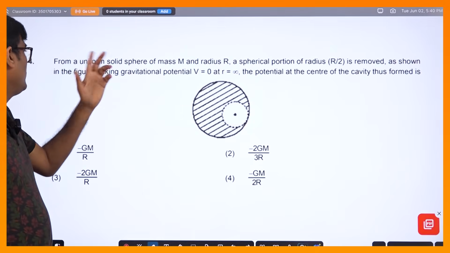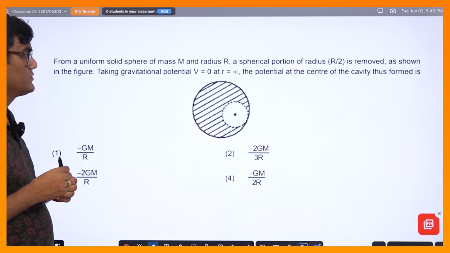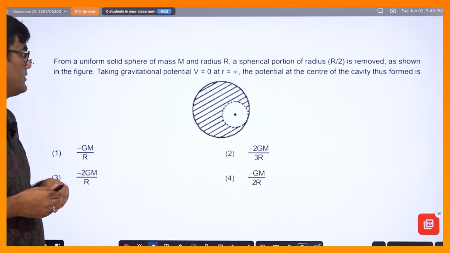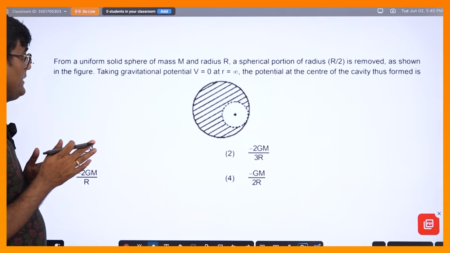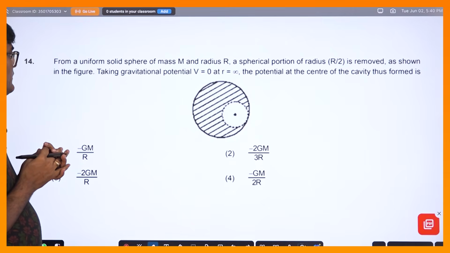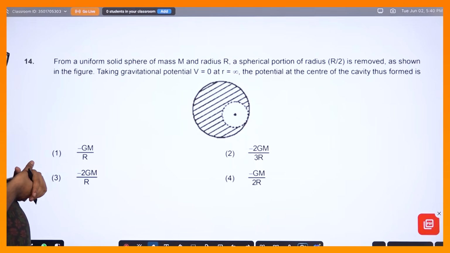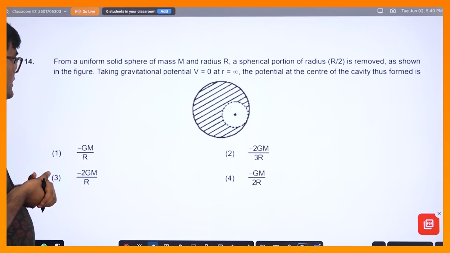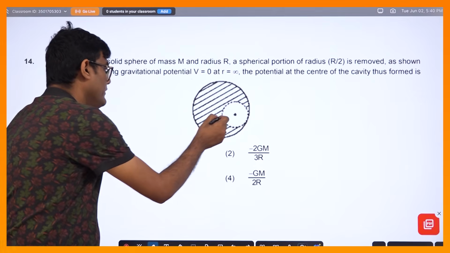From a uniform sphere of mass m and radius r, a spherical portion of radius r by 2 is removed, as shown in the figure. Taking gravitational potential V equal to 0 at r equal to infinity, the potential at the center of the cavity thus formed is... Here I have to find the potential.